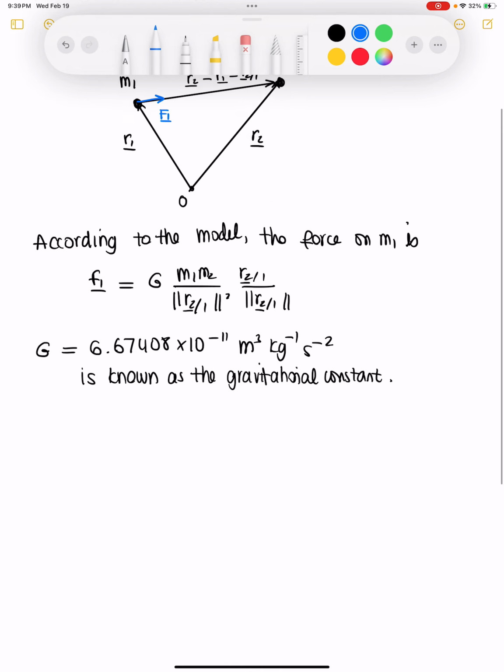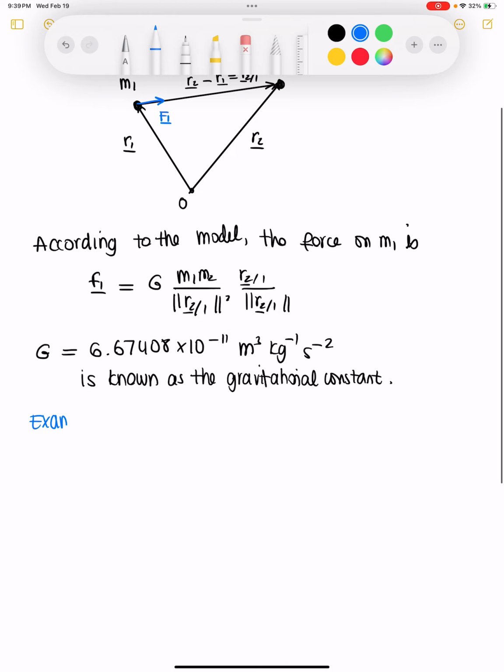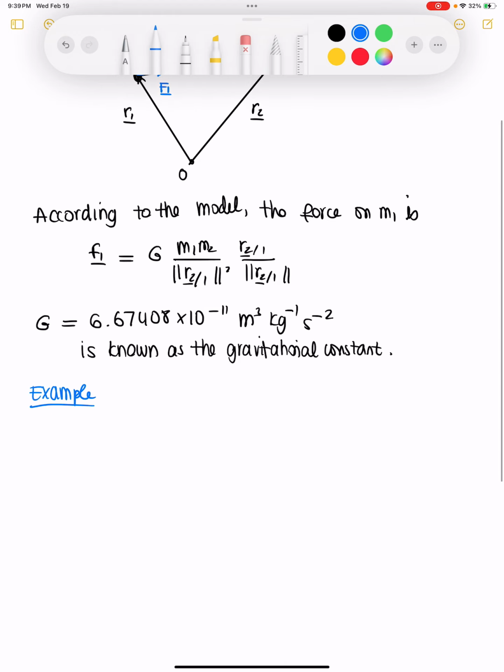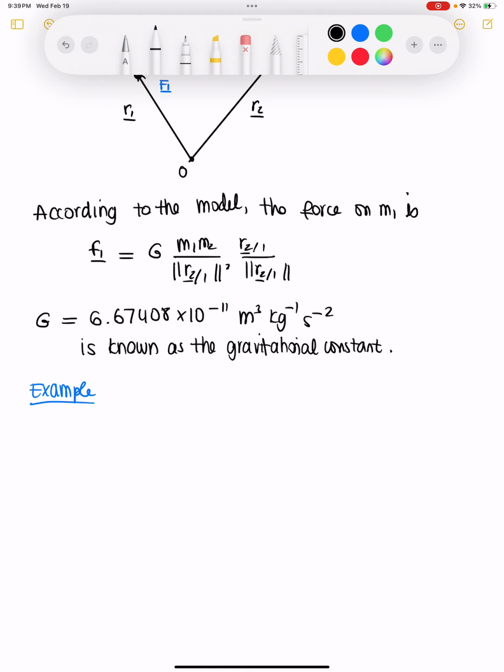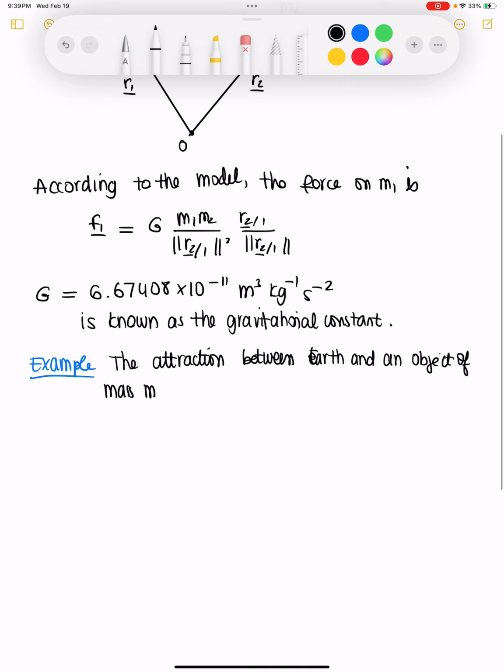Let's consider an example: the attraction between Earth and an object of mass m. So I'm gonna draw our very nice Earth with its center here and the object of mass m here.